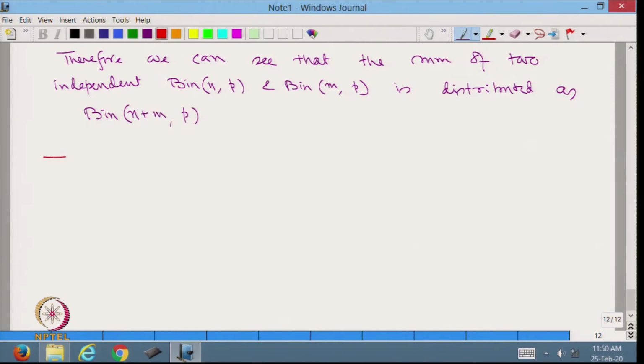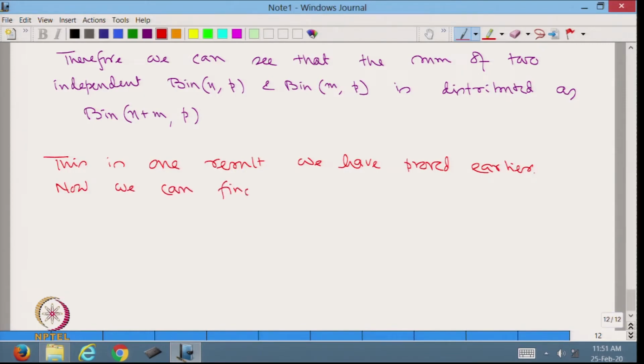This is one result we have proved earlier, but now we can find very easily.